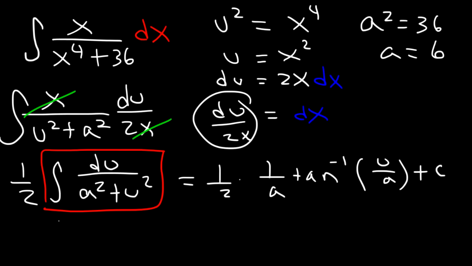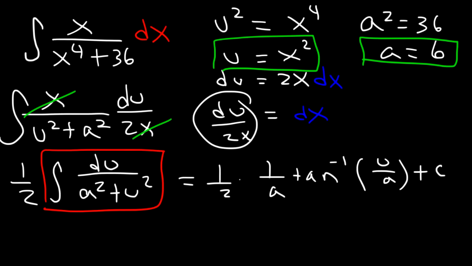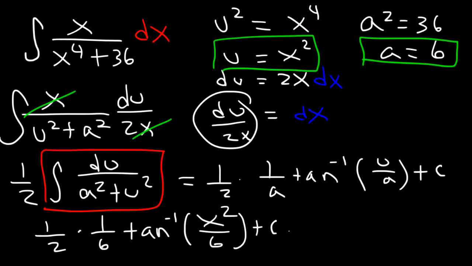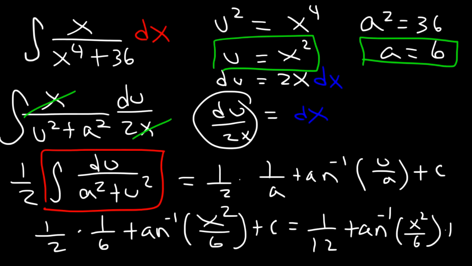Now the last thing we need to do, as we've been doing before, is we need to replace a and u. So a is 6, and u is basically x squared. So we can write the final answer as 1 over 12. 2 times 6 is 12. Arctan x squared over 6 plus c. And so here's the final answer.